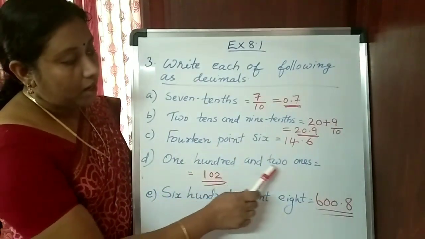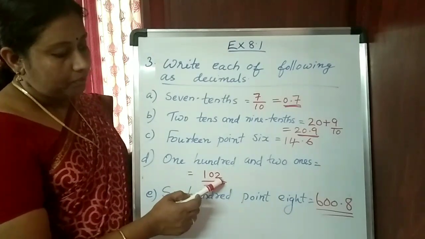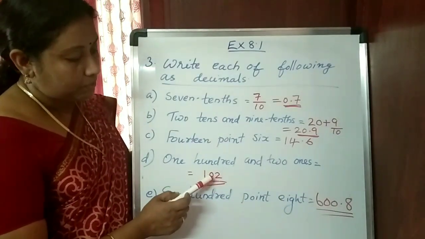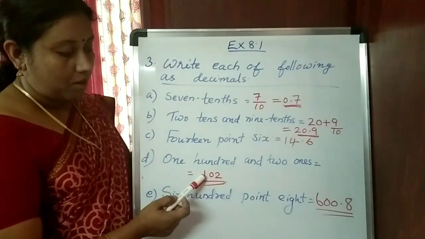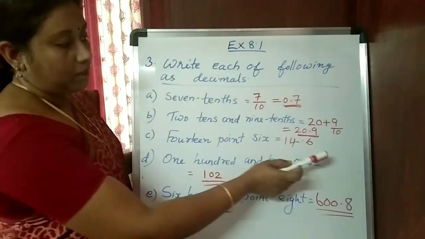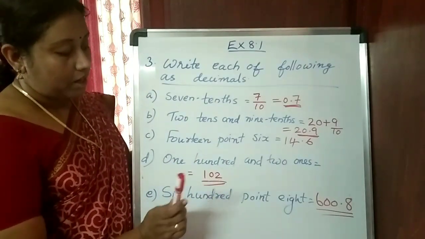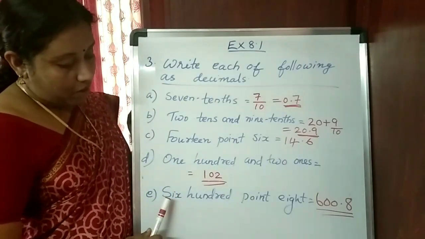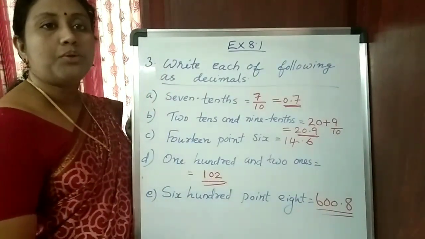Then 102 ones. That means here ones are there, no tens place is there, so simply you put 0. Then how many hundreds are there? 100. So here no decimal places are there. So simply you write 102. Then the last one, 600.8. So 600.8.